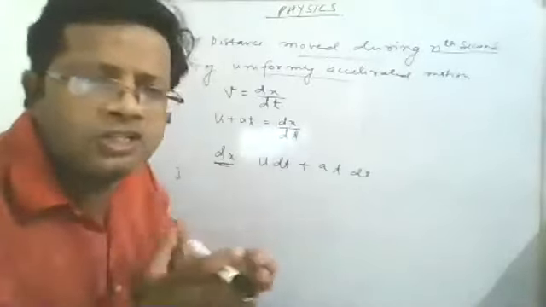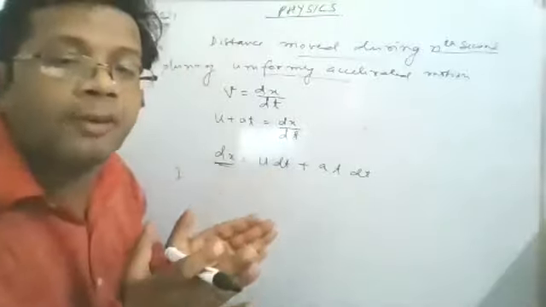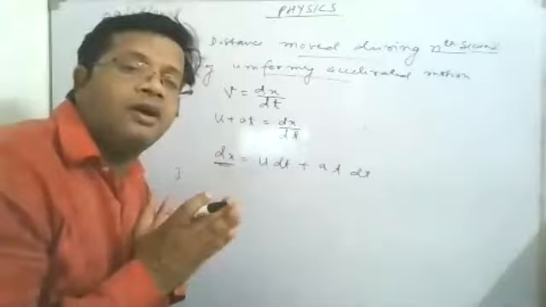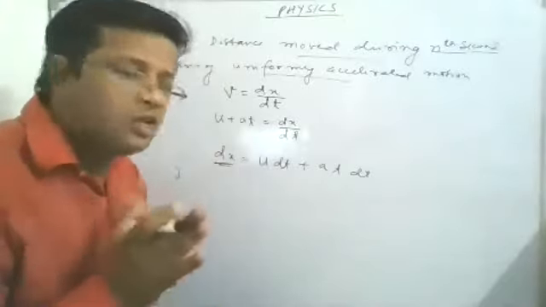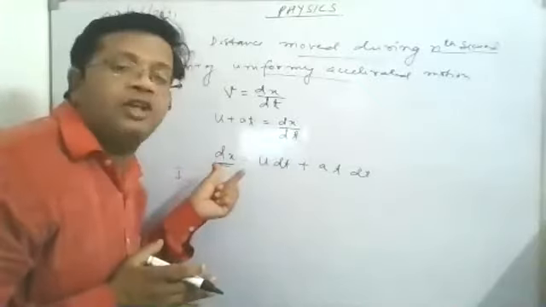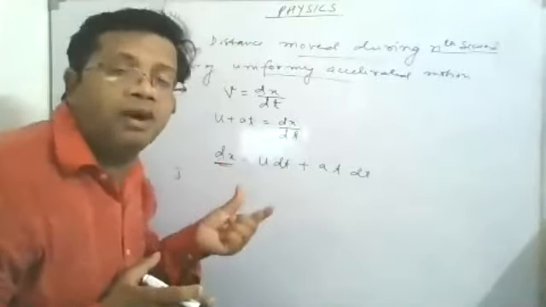What is the total distance moved by the body during this time interval? So we are integrating it to sum up and find the total change. What is the purpose of integration? To find the total change. What is the total change here? Displacement. So we are determining the total displacement moved by the body during the nth second.